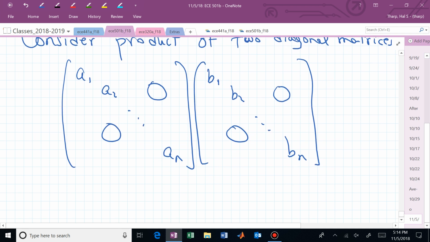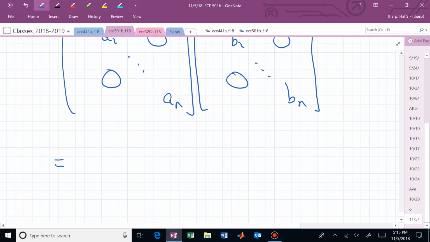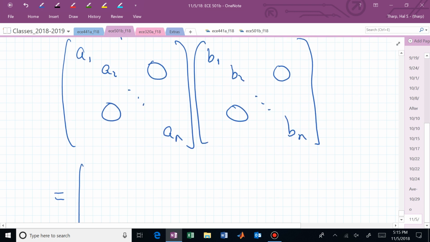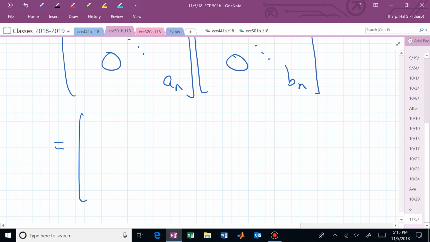These are associated with operators, so they're square and they're the same size. A, let's say, corresponds to T, and B corresponds to T dagger. What happens to the product of this? If I multiply this diagonal A with this diagonal B, what do I end up with? I get the product of the diagonals. I have A1 B1, A2 B2, etc., A sub n B sub n.